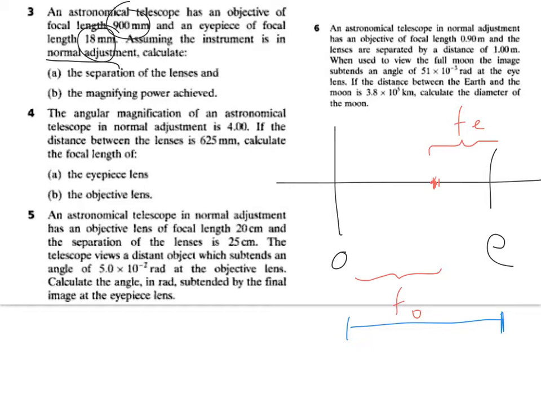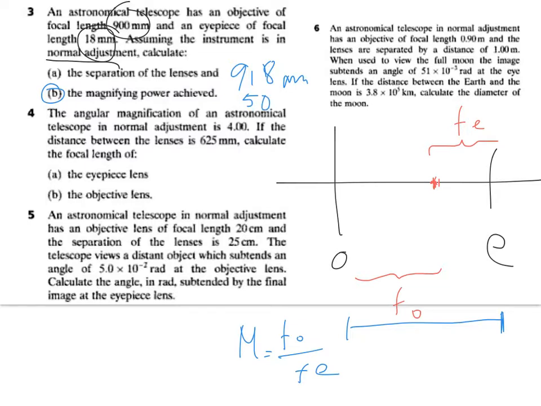The magnifying power achieved, B, would be simply a ratio of f0 over fe. So that's a straightforward question. And you should get 918 for the first question and a magnification of 50 for the second.